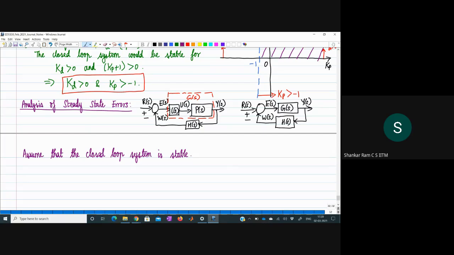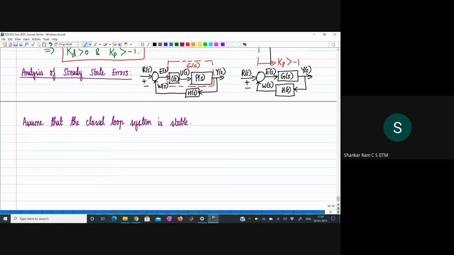What are those requirements? Point number one, we require the closed loop system to be stable. Then we need to ensure that the closed loop performance is met. These are the two requirements.